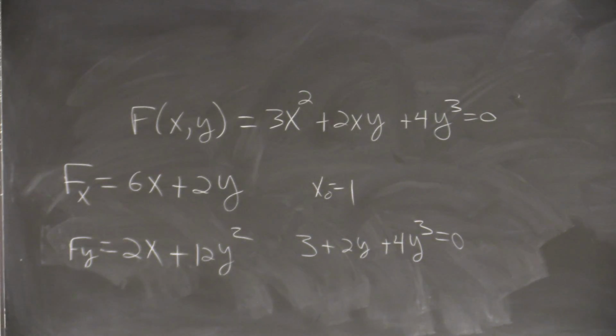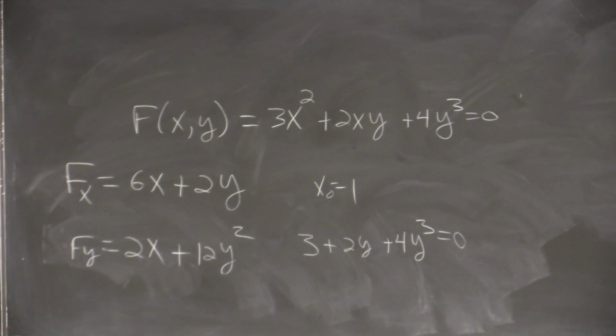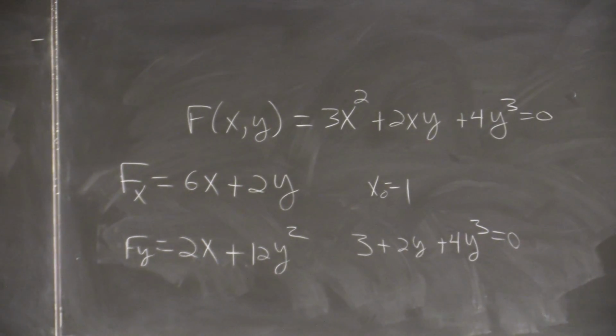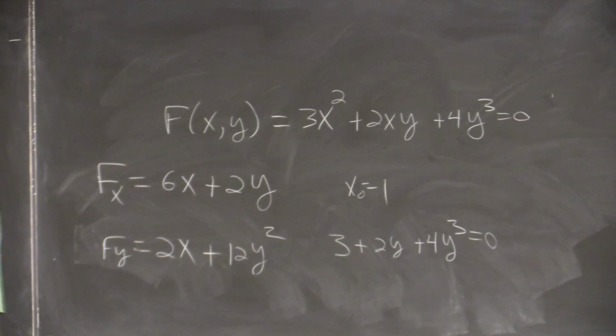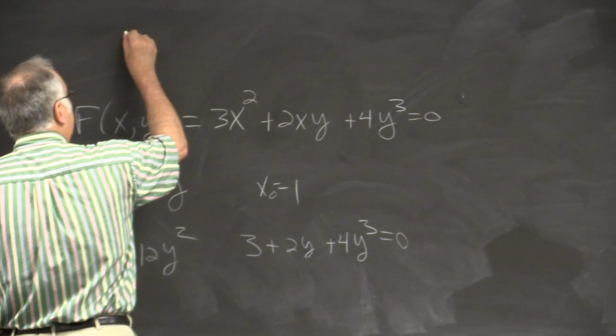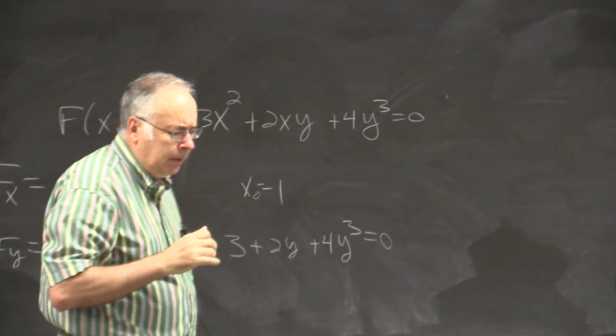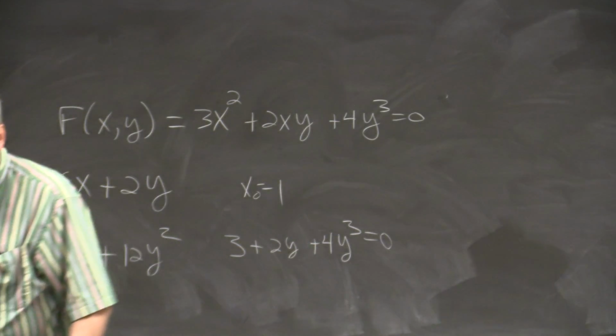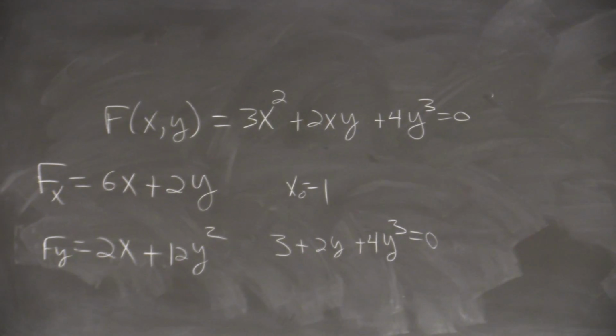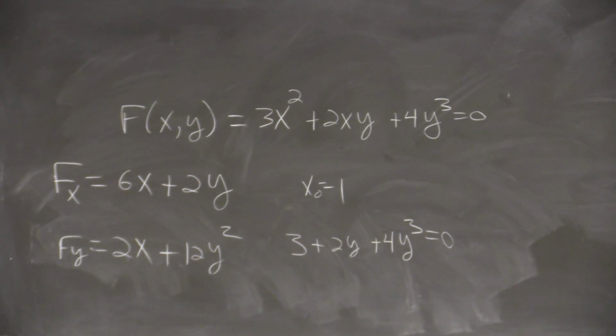I'm probably just missing something obvious, but I don't understand why we have to find a point. Well, see, the whole starting point, Tyler, is this. This is equal to 0. But suppose there are no values of x and y that actually satisfy that equation.